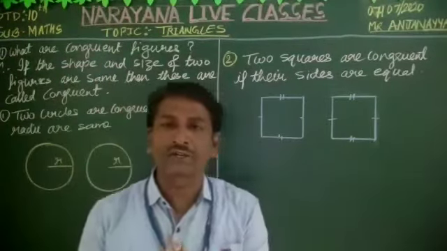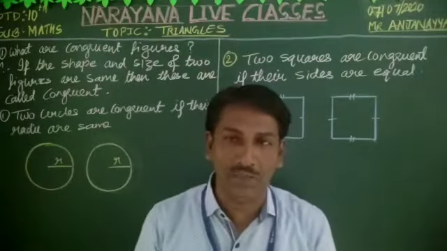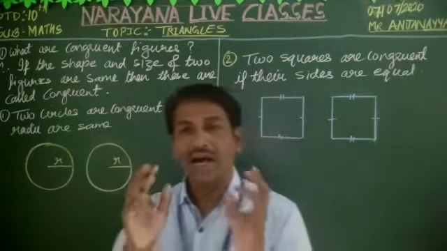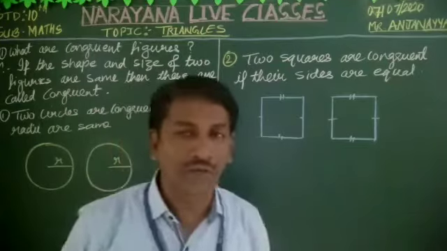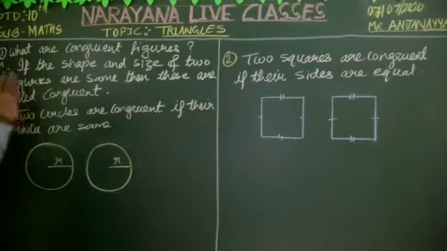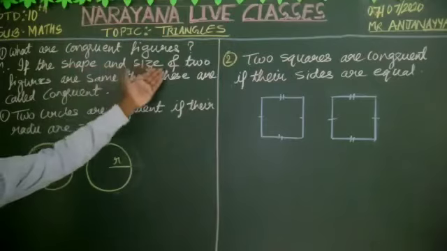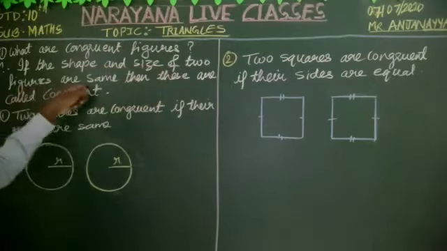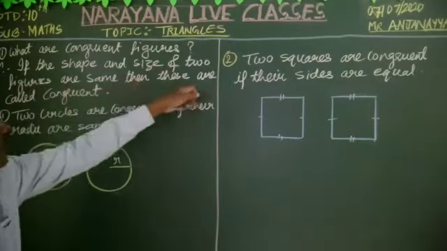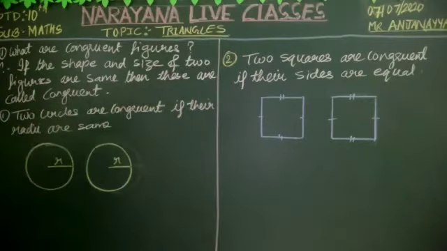The figures which have the same shape and same size are generally called congruent figures. If the shape and size of two figures are the same, then these are called congruent figures.